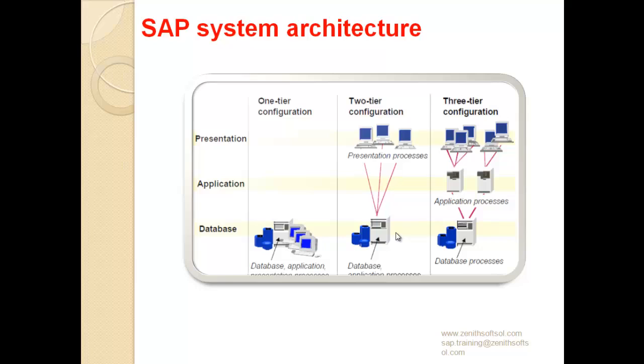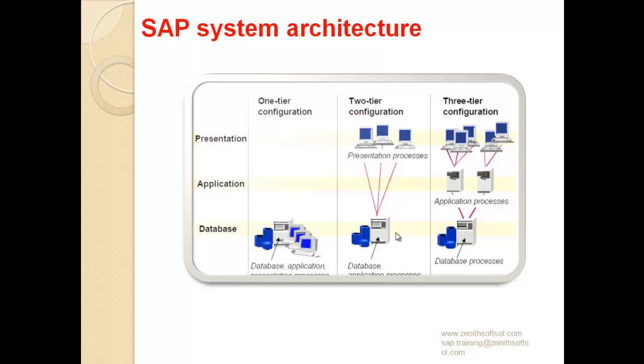In a one-tier system configuration, all processing tasks are performed on one server, as in classic mainframe processing. Whereas in a two-tier R/3 system, configurations are usually implemented using special presentation servers that are responsible solely for formatting the graphical user interface.